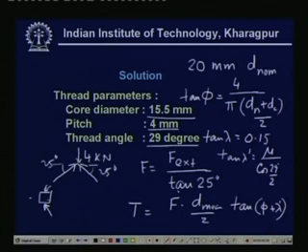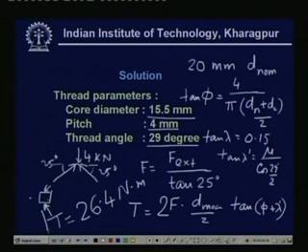But there are two threads which are opposite handed, and therefore, the total torque will be equal to double of that. So, hence the answer is here, and when you calculate everything, the torque required will be equal to about 26.4 Newton meter. So, this is how we have to solve this kind of problem.